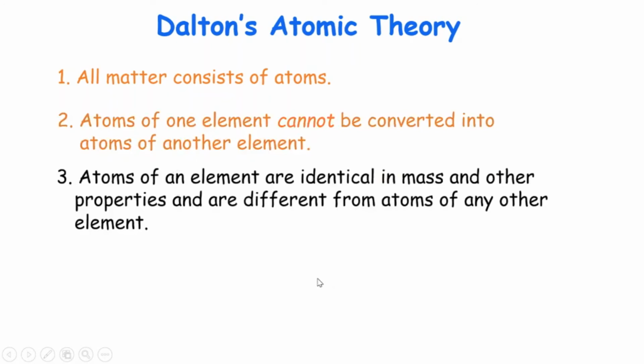Atoms of an element are identical in mass, and all properties are different from atoms of any other element. It means atoms of hydrogen, for example, are all the same, and they are different from the atoms of, for example, oxygen.